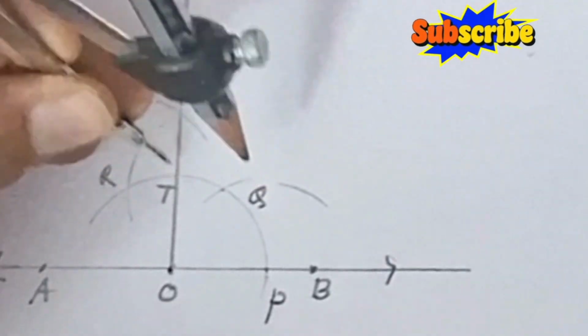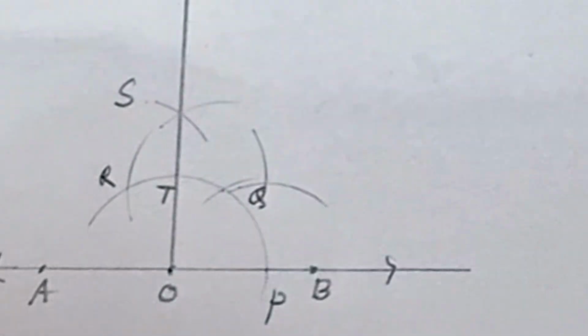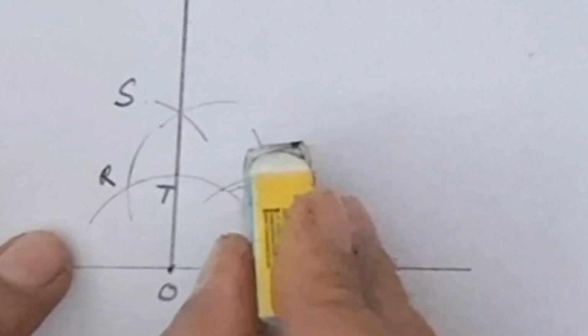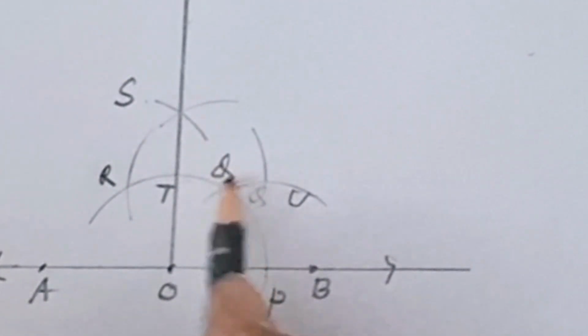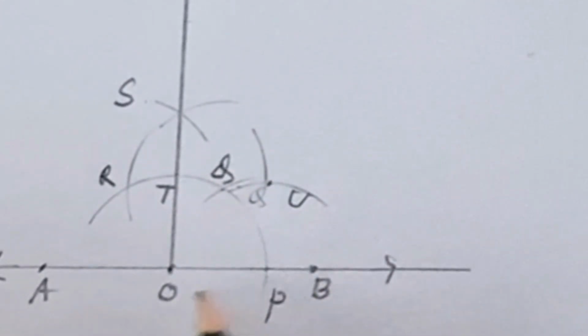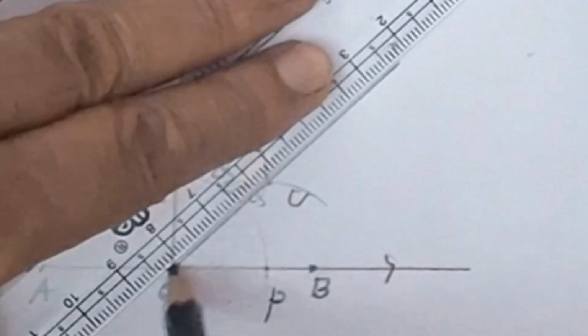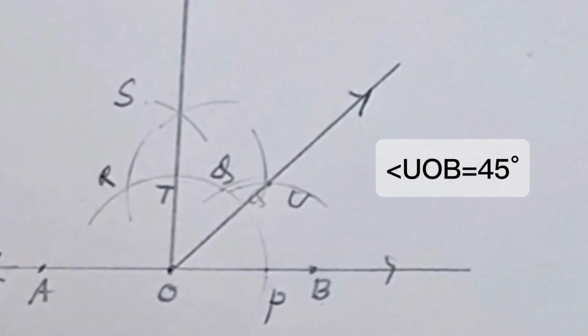In this way, they intersect at a point U. Now we join the point U with O. We get an angle UOB whose measurement will be 45 degree.